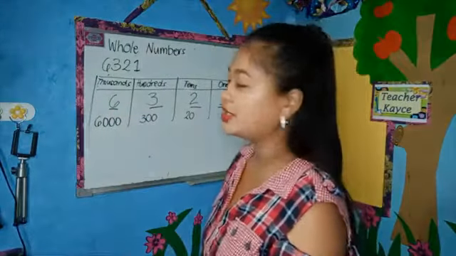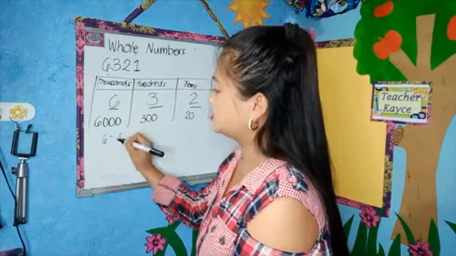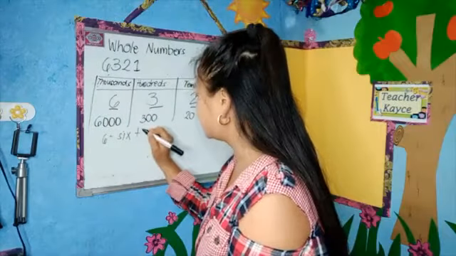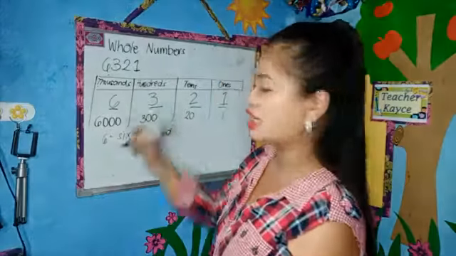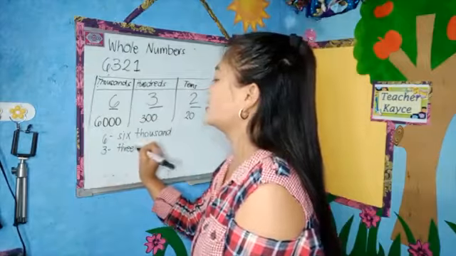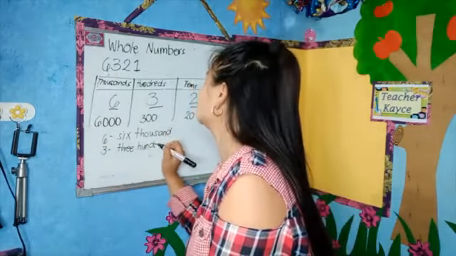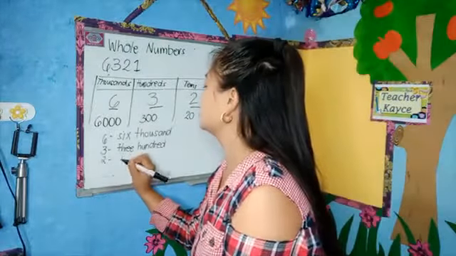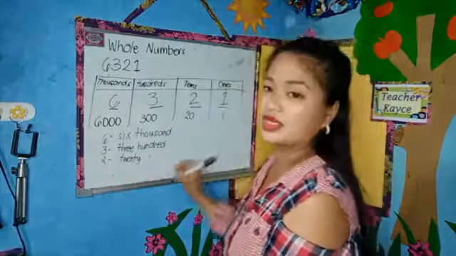So let's try to read it. We have here 6, it is under thousands, so 6,000. We have 3 under hundreds, 300. Next, 20. And the last number is 1.